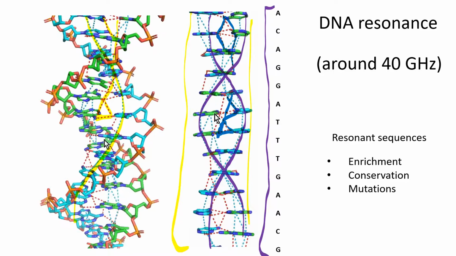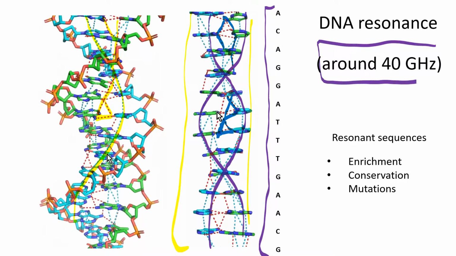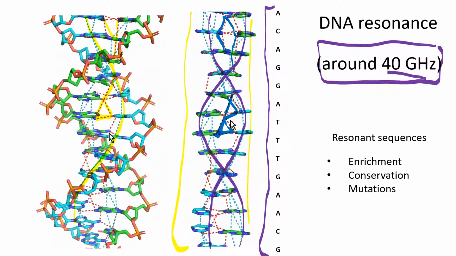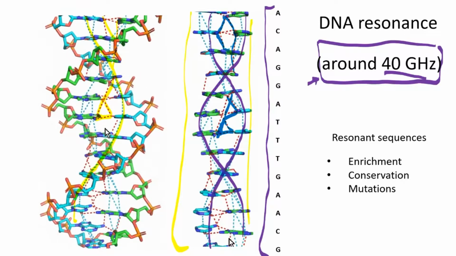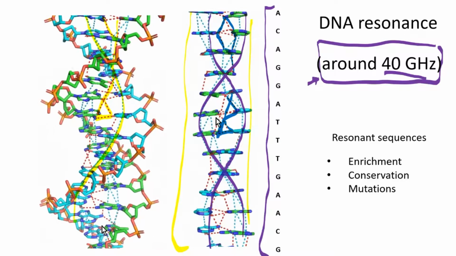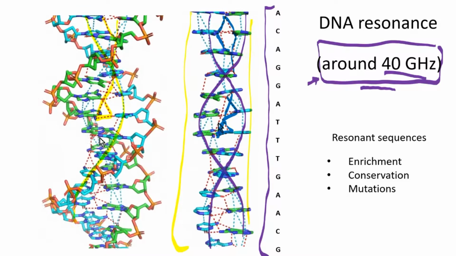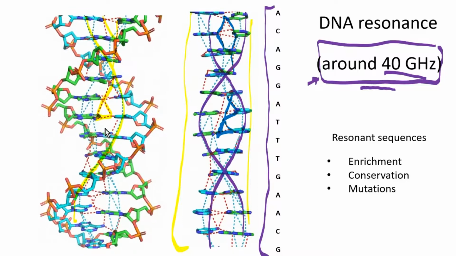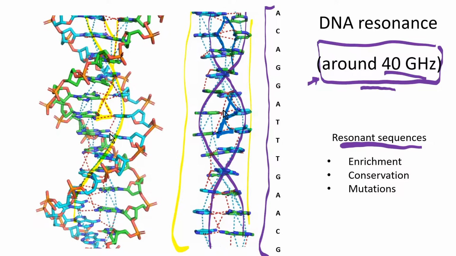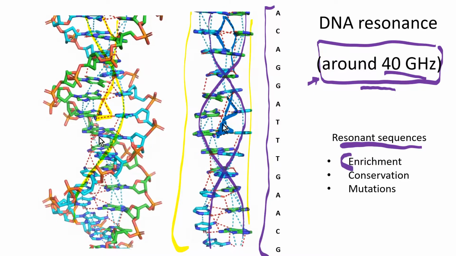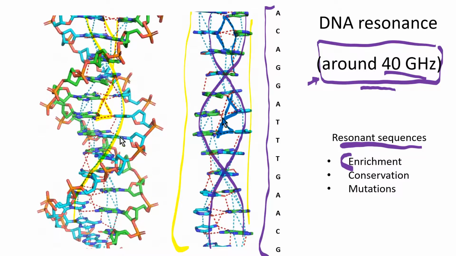The range is very wide, ranging from kilohertz to an important band we think is 40 gigahertz. It's not proven, but that's predicted by models, and we have justifications why we think it is the frequency where the oscillations happen. So we identified specific resonance sequences and demonstrated that they are strongly enriched by the evolution, suggesting that they have a function.